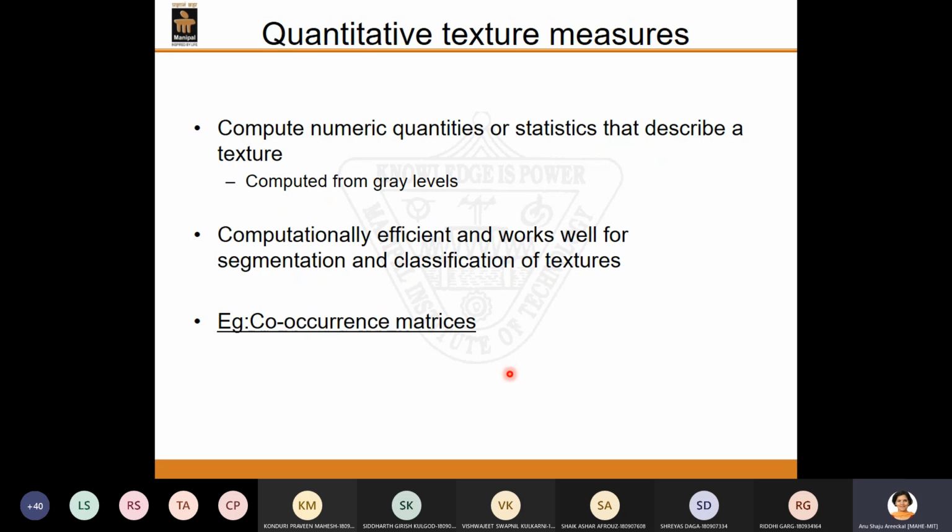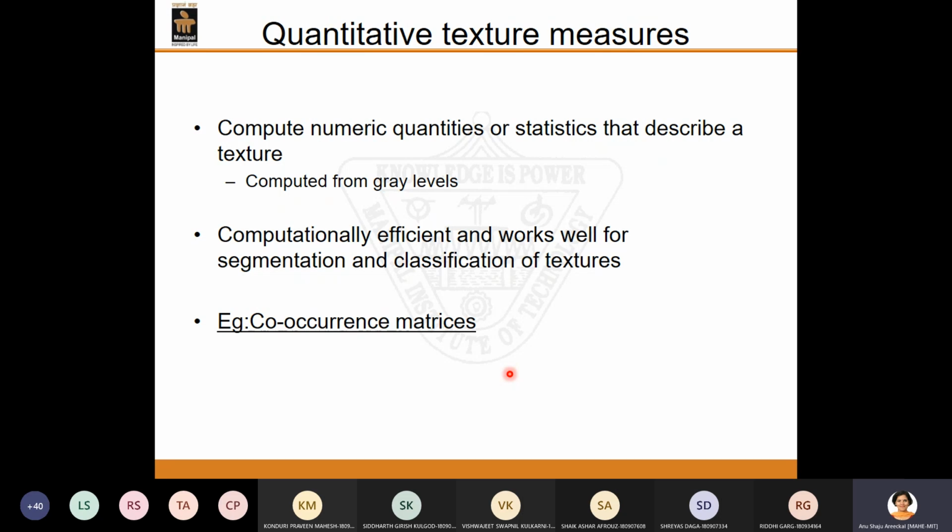We can call it a wavelet decomposition. So basically you look at the wavelet representation of an image in various directions, and just like how you have a Gaussian pyramid, you can also form a wavelet decomposition of different levels of a particular image, and that is one representation of the texture measure.